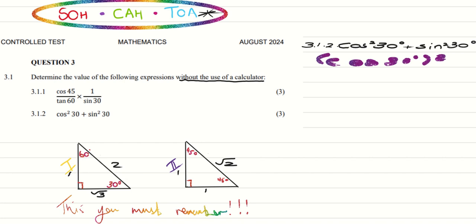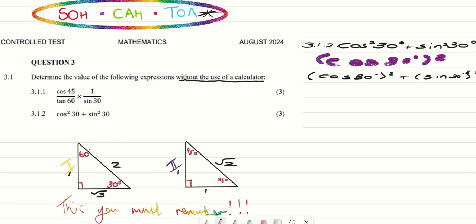Using that fact about when we square an angle with the trig ratio, this is actually going to be cosine of 30, and then squaring that value, plus sine of 30 and then squaring that value.